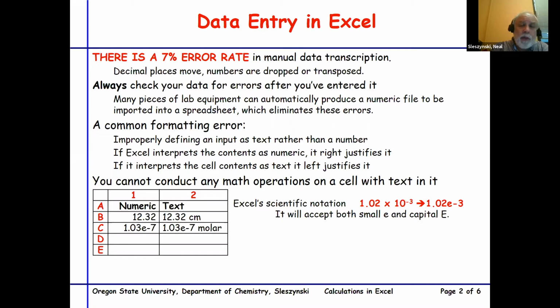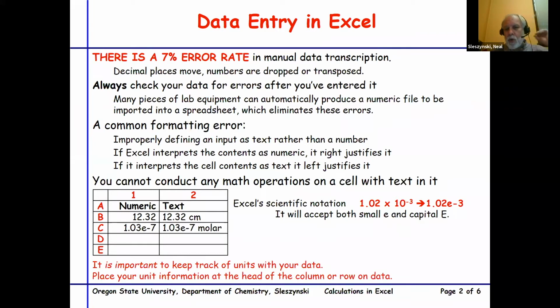So if the number we're looking at is 1.02 times 10 to the minus third, the way that's input into Excel is 1.02E-3. The typical inputs that people use for scientific notation in calculators will not work in Excel. Excel will accept either a capital E or a lowercase e for exponential.